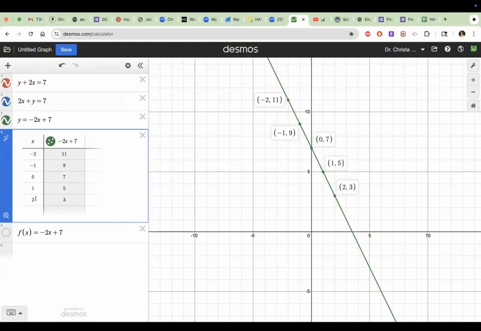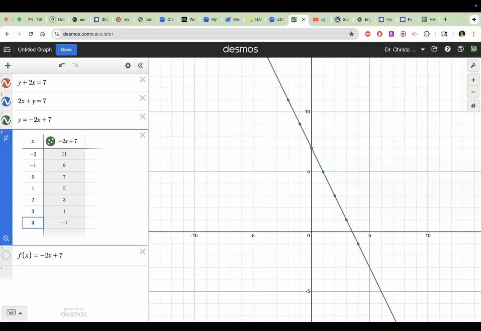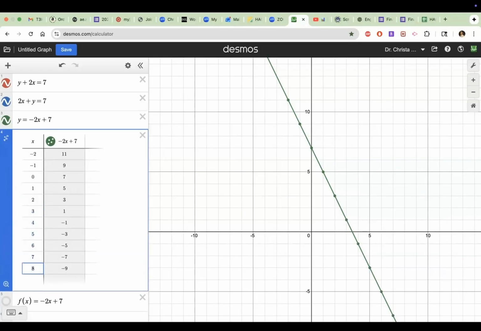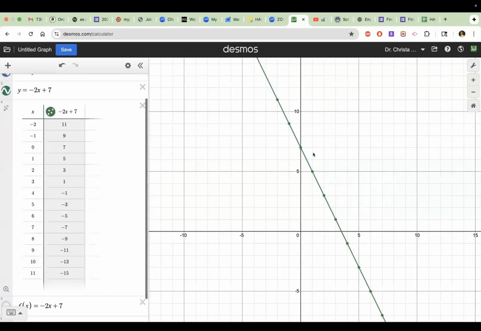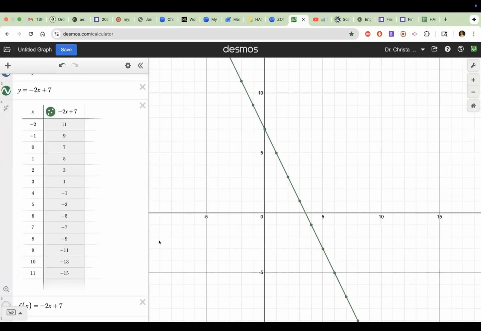If I want more points, I just need to click in the box and keep hitting enter. It'll create more points for me. It'll go on forever. So if you wanted to evaluate something at a certain point, it will give it to you in the table. All right.